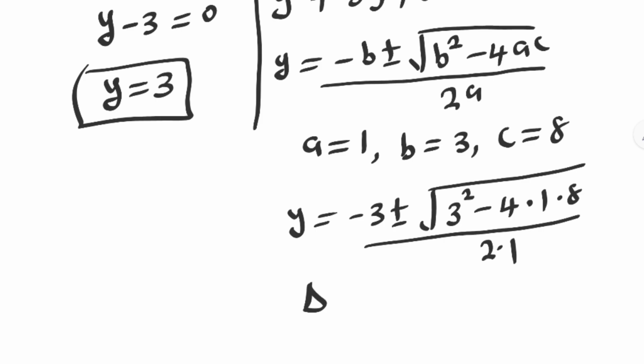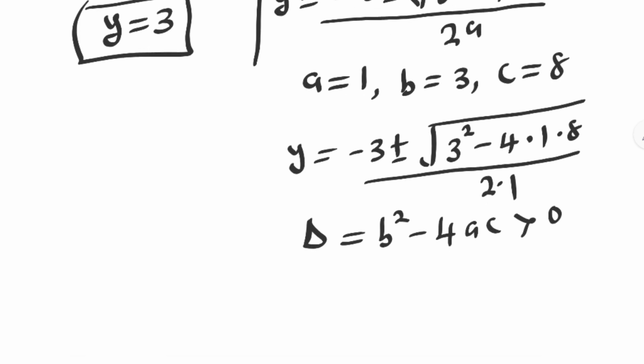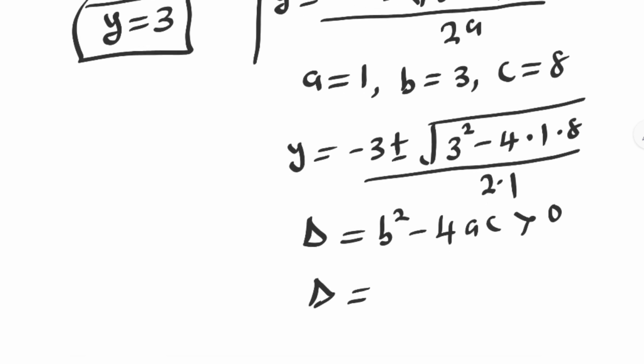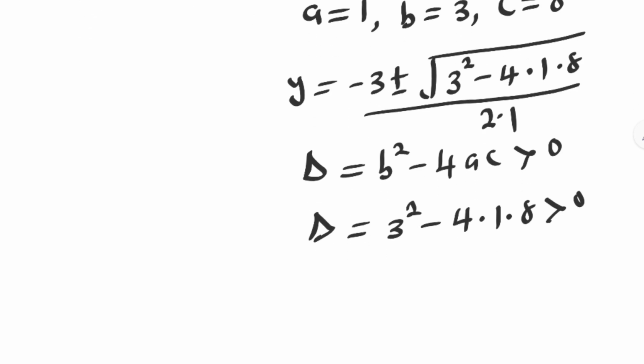For the discriminant D, for it to be a real number, b square minus 4ac must be greater than 0. Now let's see, D is equal to 3 square minus 4 multiplied by 1 multiplied by 8. This must be greater than 0. D is equal to 3 squared, this is 9, minus 4 multiplied by 1 multiplied by 8, that is 32.